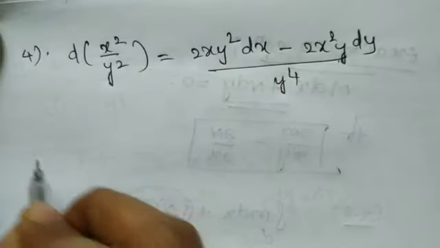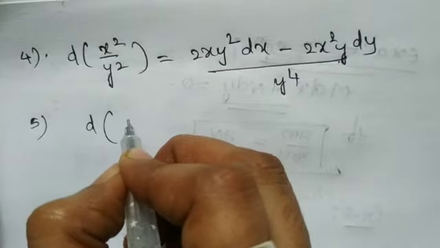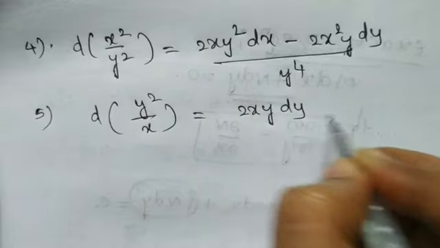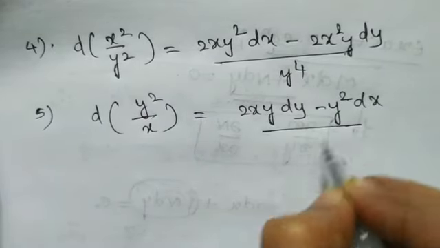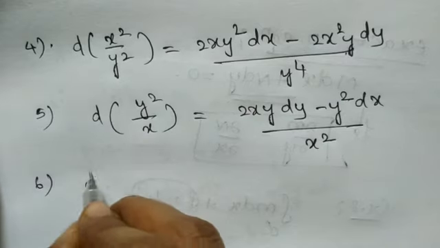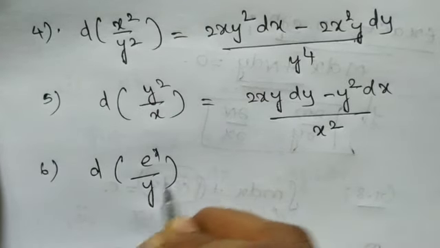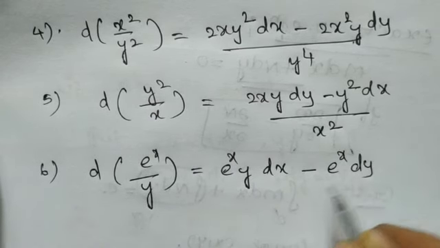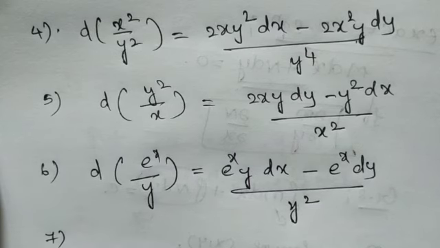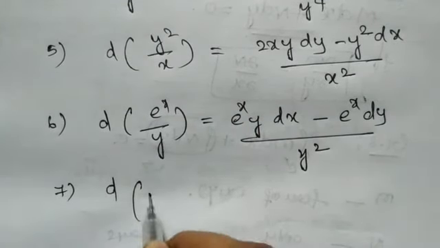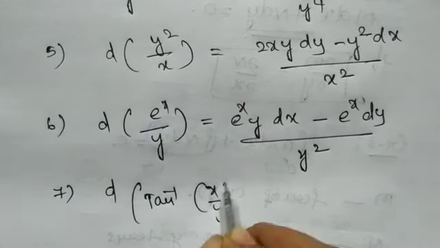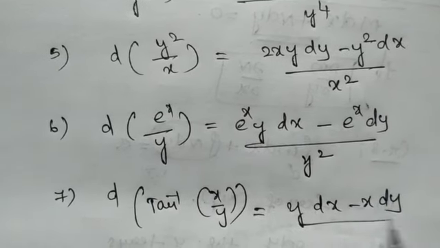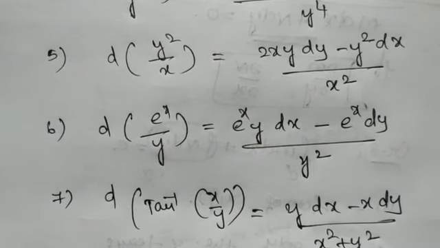y power 4. Next one, d of y square by x equals 2xy dy minus y square dx by x square. Next, d of e power x by y equals e power x into y dx minus e power x into dy by y square. Next formula, d of tan inverse x by y equals y dx minus x dy by x square plus y square.